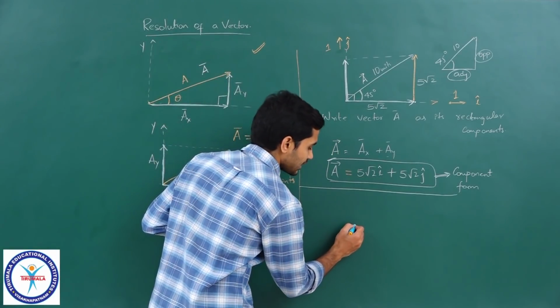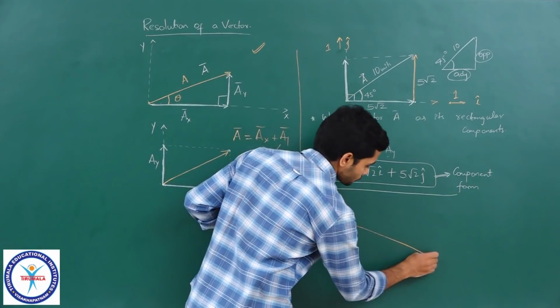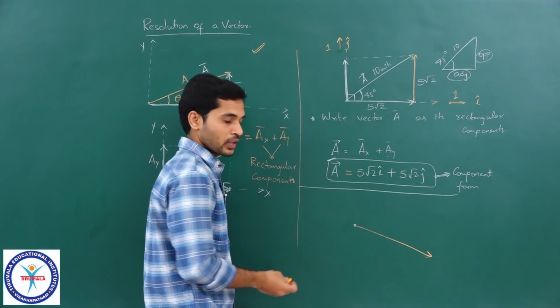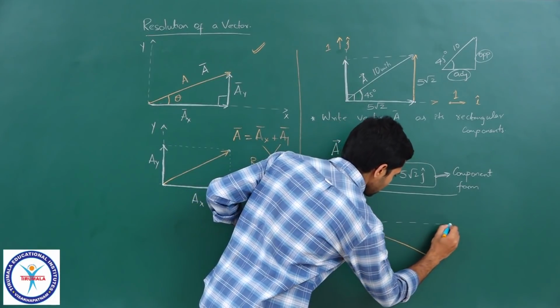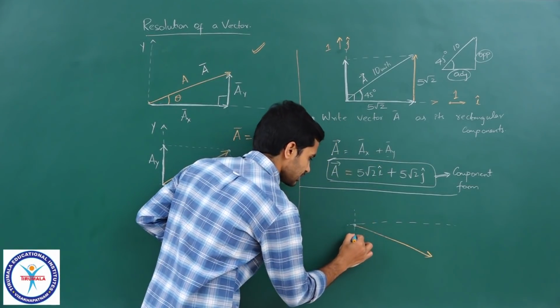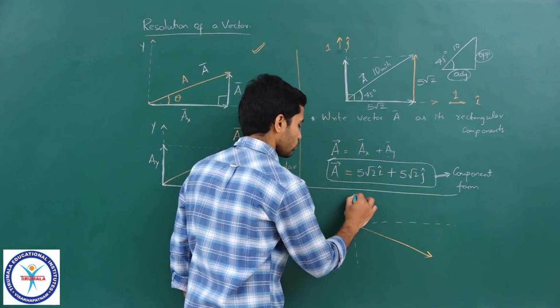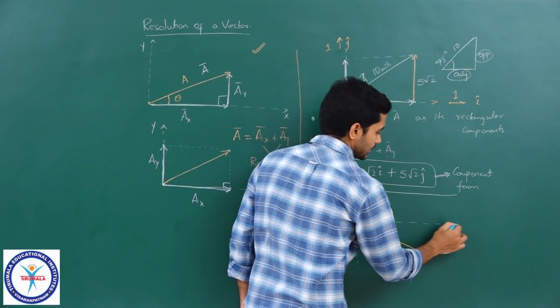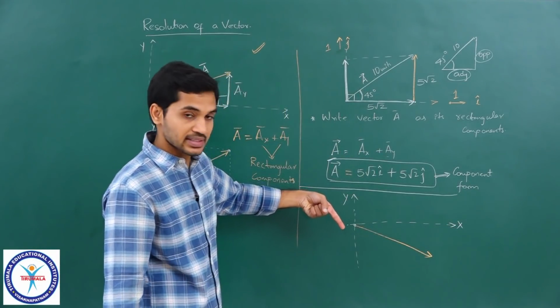So, this time let us consider that the vector is like this, okay. And let us say this is the x axis and this is the y axis. So, this is y and this is x. So, obviously, you can see that the vector is below the x axis, correct.